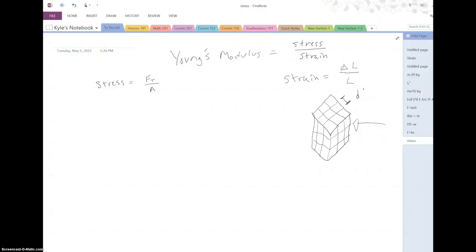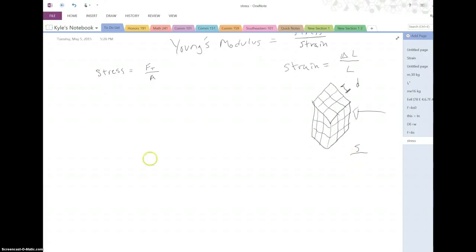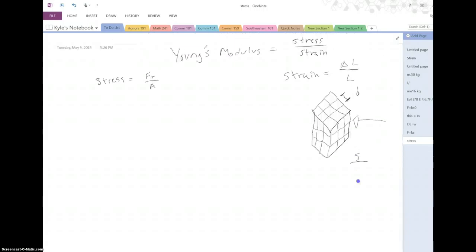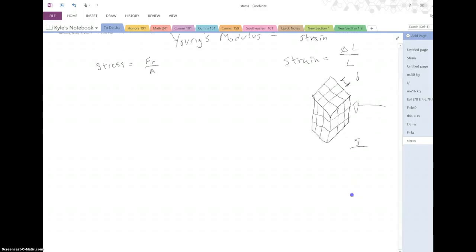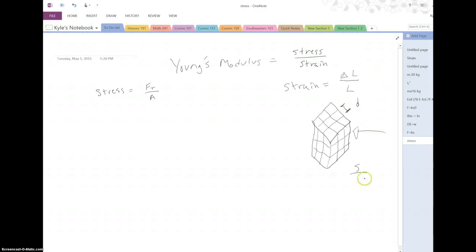So we can rewrite the strain formula. The delta L is just going to be equal to the s, which is the stretch, and instead of L, we know that L is equivalent to d, the diameter of the atom.